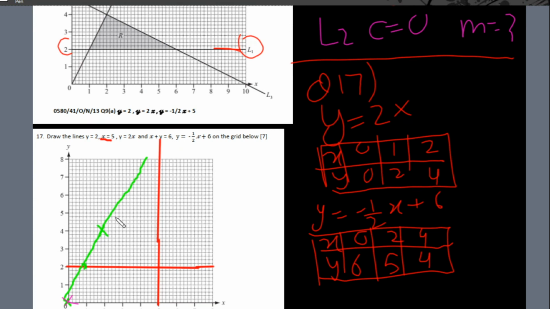So the first point should be 0, 6 here. The next point is 2, 5 here roughly, and the third point is 4, 4. Yours should be accurate. Mine would be obviously rough sketches. So next is join this with a straight line, and you have the 4 lines they ask you to plot.